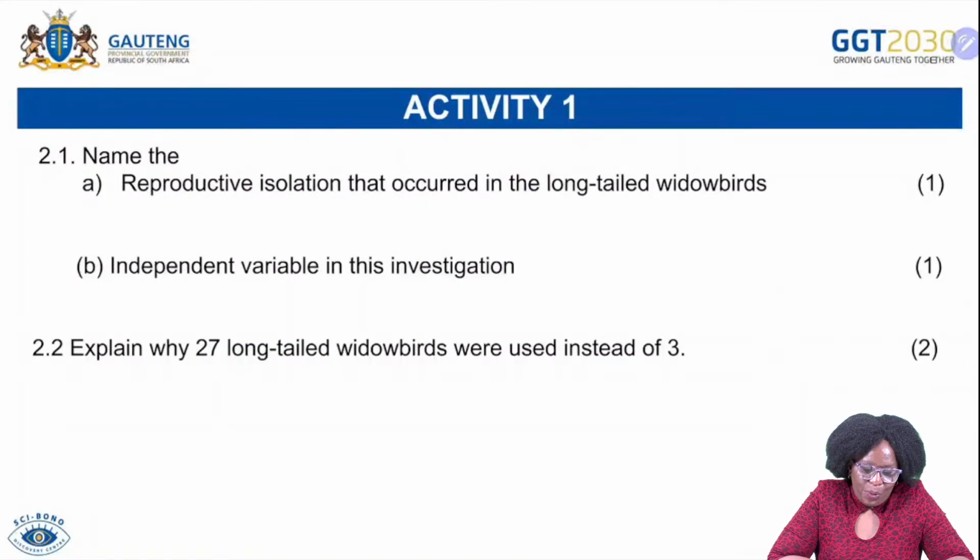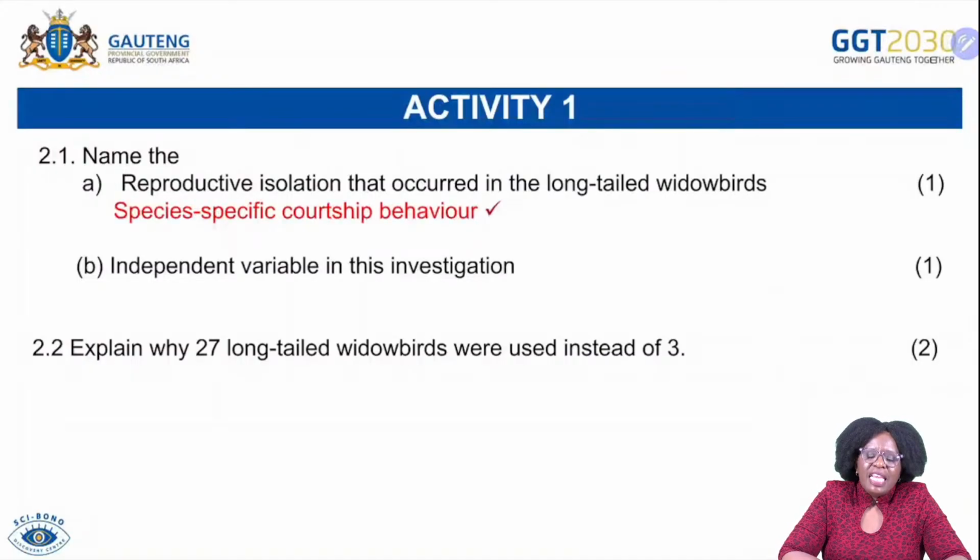Question 2.1. Name the reproductive isolation that occurs in the long-tailed widowbirds. What is our answer? This is species-specific courtship behavior.